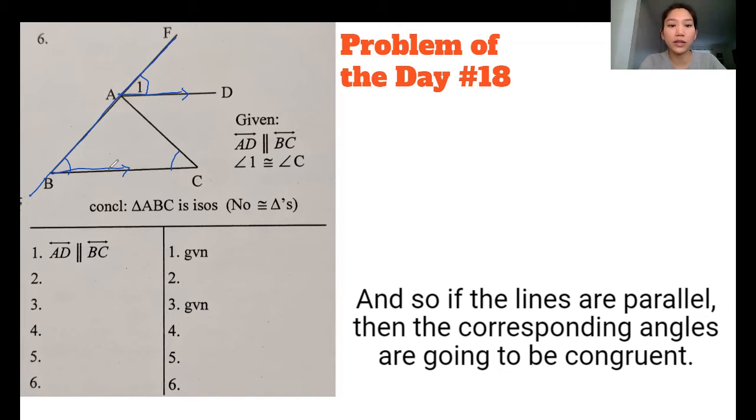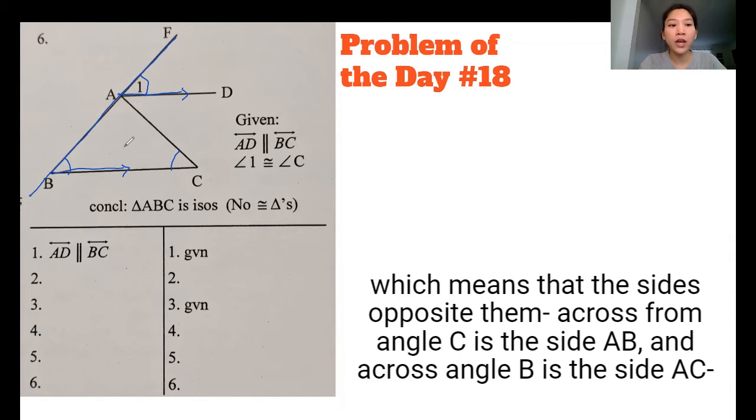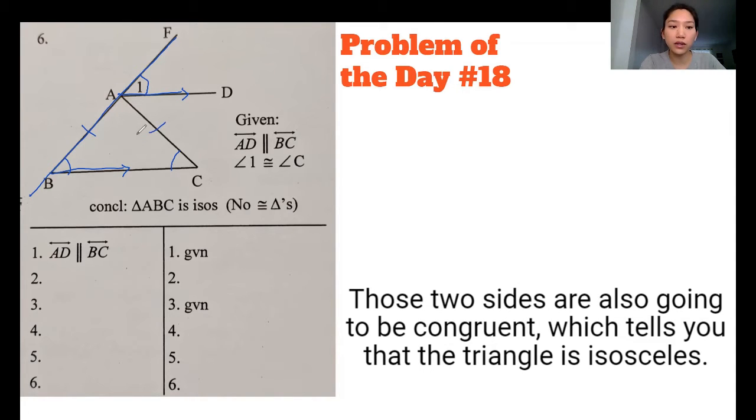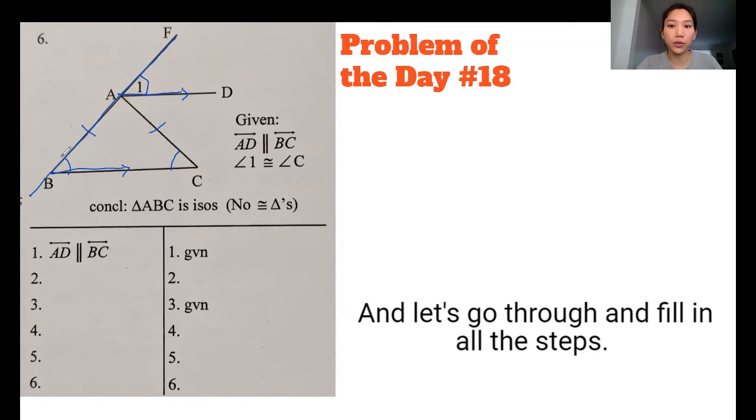And if the lines are parallel, then the corresponding angles are congruent. So angle B and angle C are also going to be congruent, which means that the sides opposite them are congruent. Across from angle C is the side AB and across from angle B is the side AC. Those two sides are congruent, which tells you that the triangle is isosceles. So that's our plan of action, and let's go through and fill in all the steps.